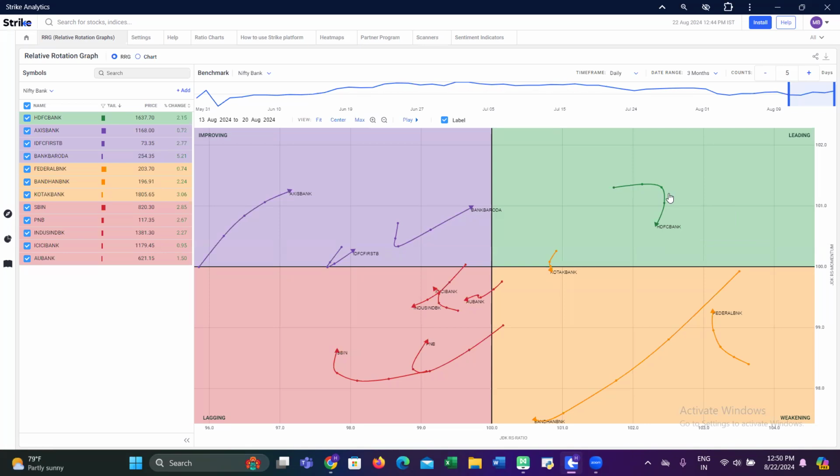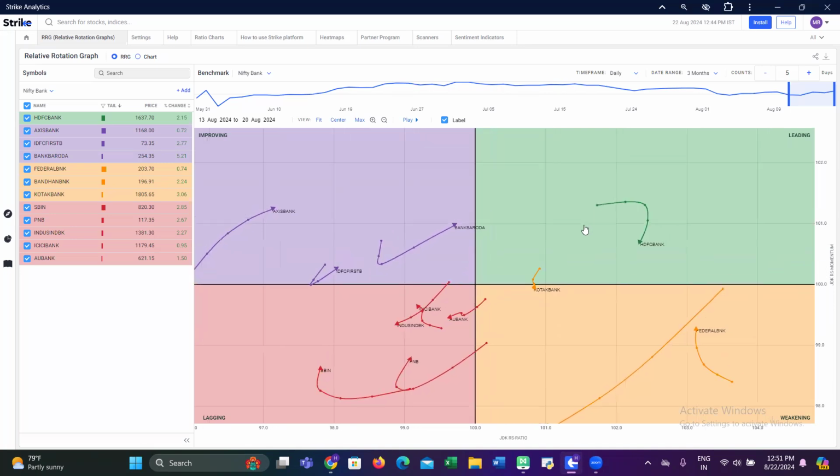Remember, we discussed that the x-axis is for relative strength ratio and the y-axis is for RS momentum. So whichever script you see here will have a maximum RS ratio as well as maximum RS momentum. That's why scripts under this quadrant are outperforming the market.